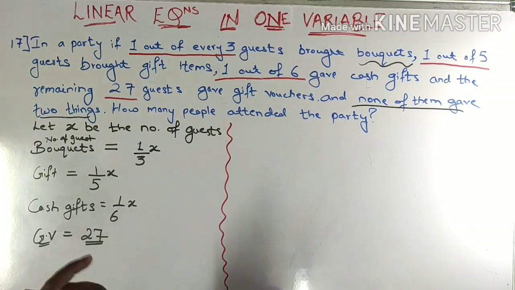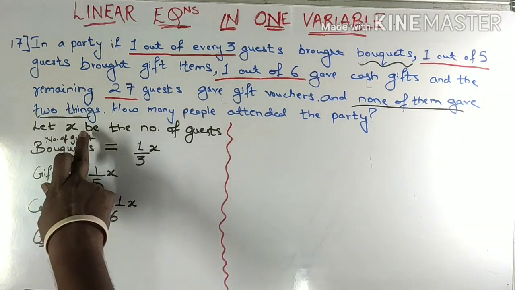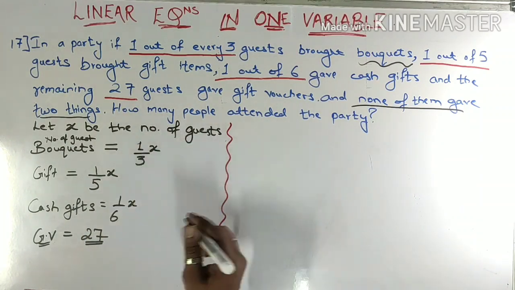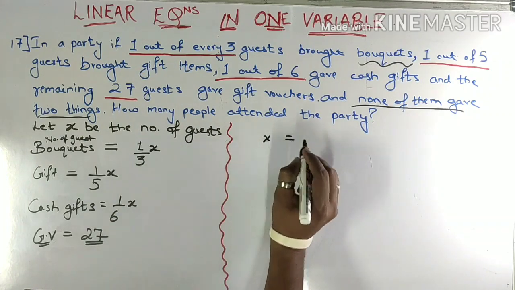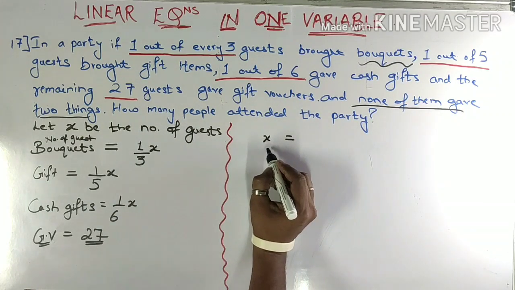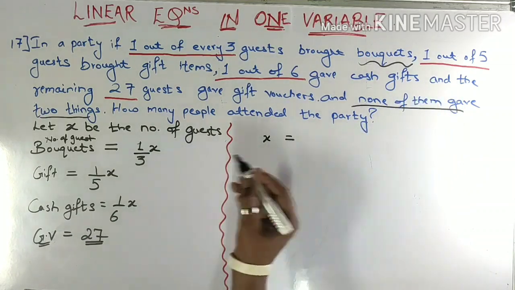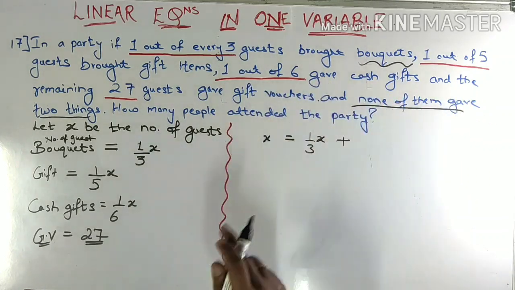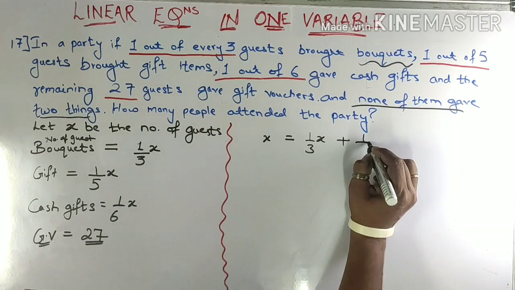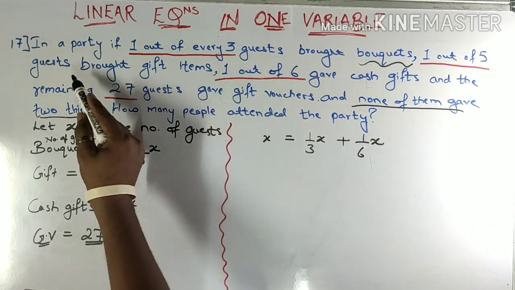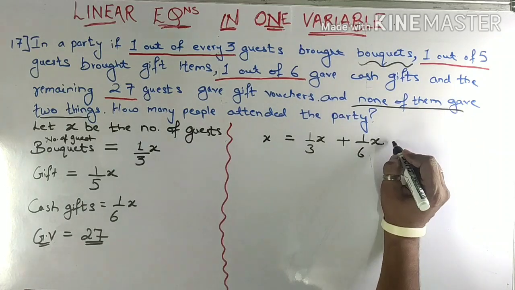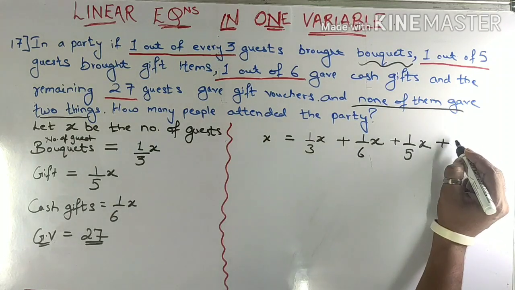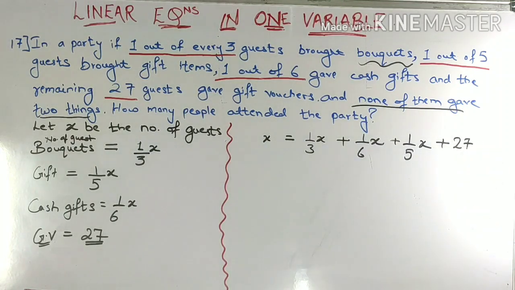According to our own assumption that the total number of guests be x, the sum of these should be equal to x, isn't it? x should be equal to the guests who brought bouquets, that is 1 by 3 x, plus the guests who brought cash gifts, that is 1 by 6 x, plus the guests who brought gift items, that is 1 by 5 x, and the remaining 27 guests who gave gift vouchers.